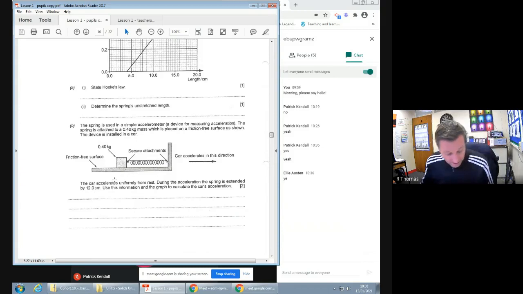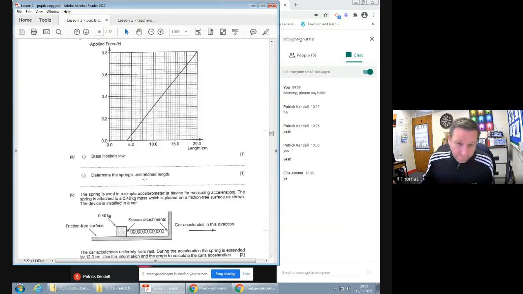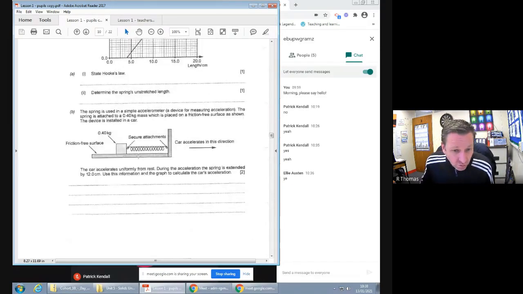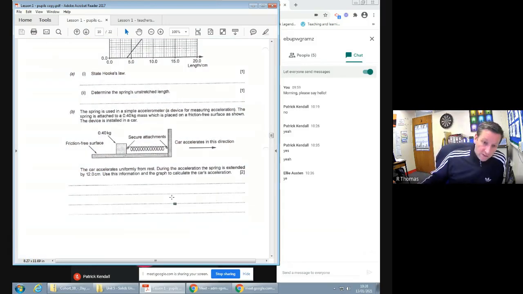Now, how can I get the value of F? Well, let's go back to here. F equals k times x. And they've told us that the extension x is 12 centimeters. So if I can find the value of k, the stiffness constant, I can times it by 12 and get the value of F. How do I get k?